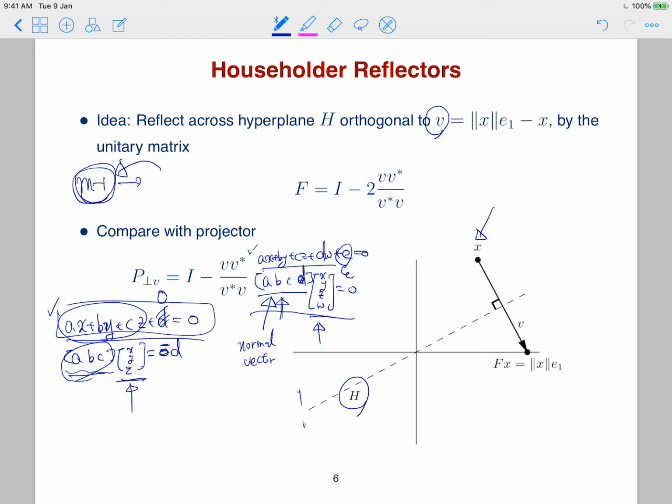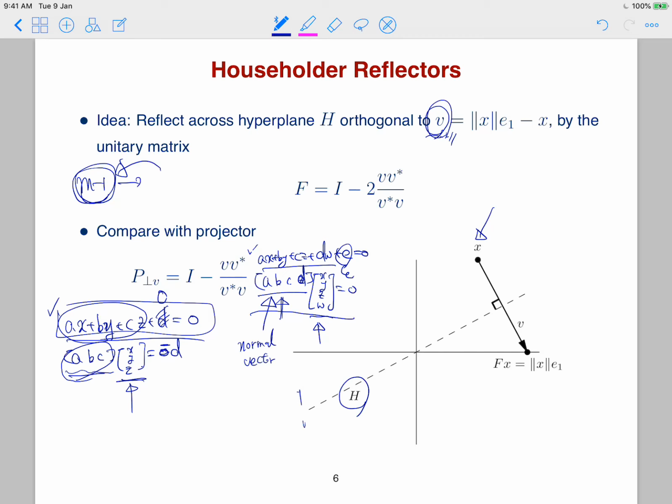Okay, and so given this hyperplane that has the normal vector of V, we can obtain the projection onto this hyperplane, and also we can further think of the reflection.